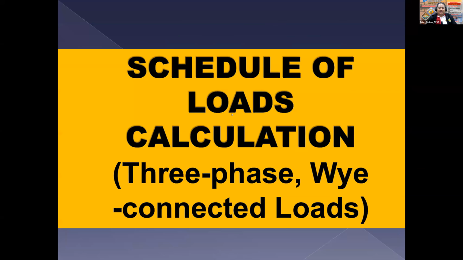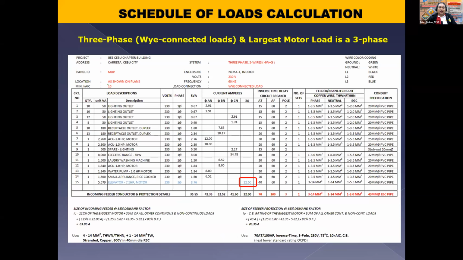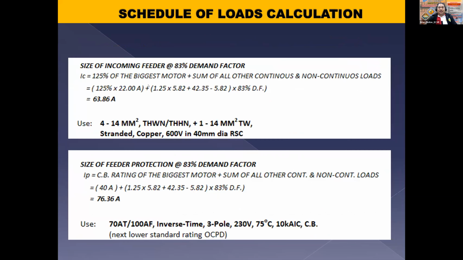Okay. Now for three-phase wye-connected loads, ang differential lang talaga wala siyang square root of 3, no? So that's the advantage of a three-phase five-wire system. Yung conductors natin is a bit smaller, yung conductors natin na dapat nating gagamitin. So cost efficient siya compared doon sa delta connected loads, no?